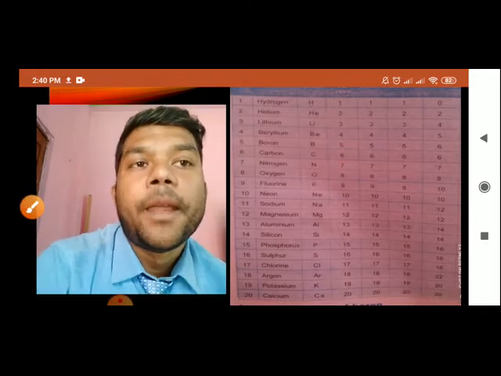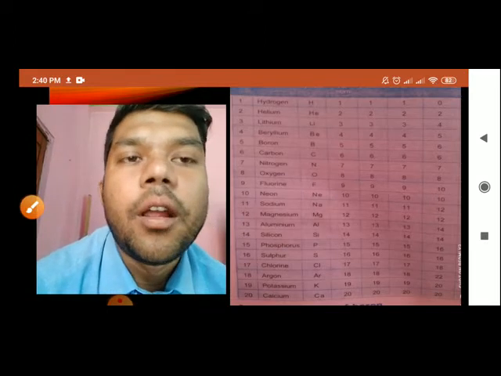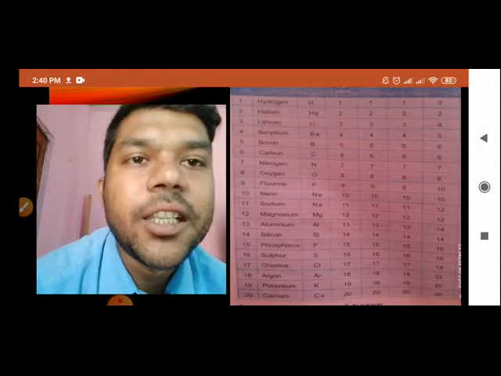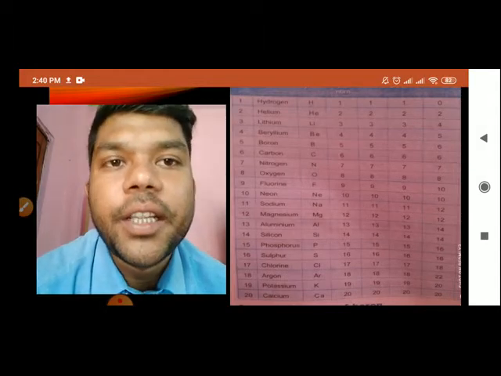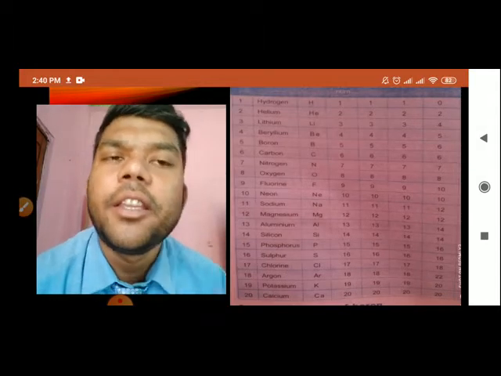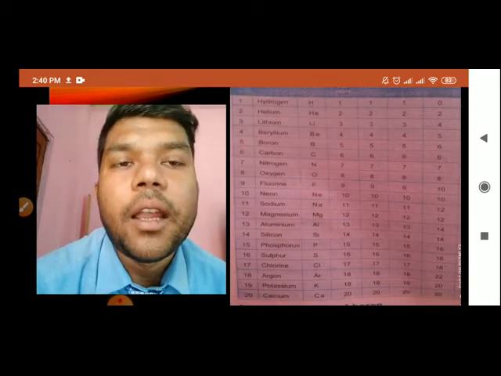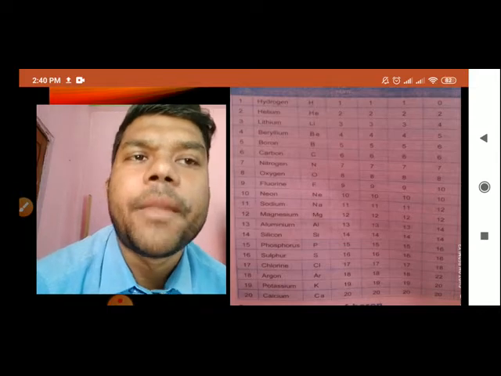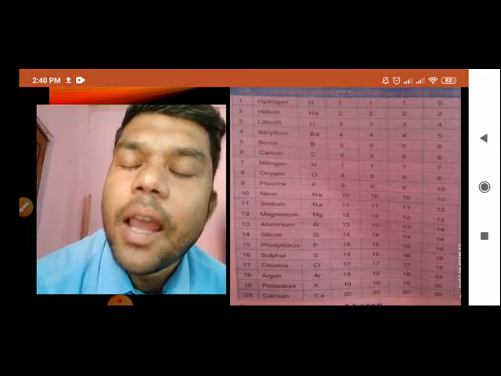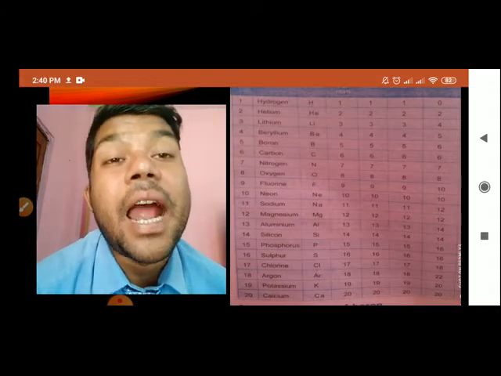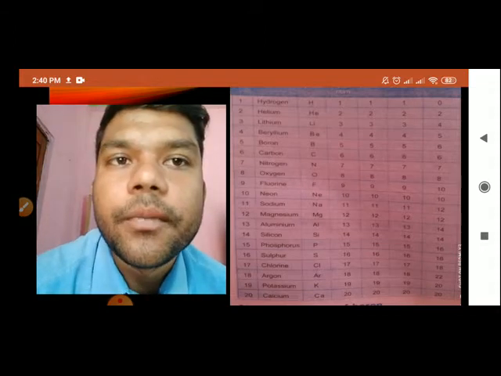You should also copy this, or you can find it if the picture is not clear. There is the periodic table. If you are in the serial classes, you can find the periodic table with the names of the elements, their atomic number, proton, neutron, and electron, and at least 20 you should know.